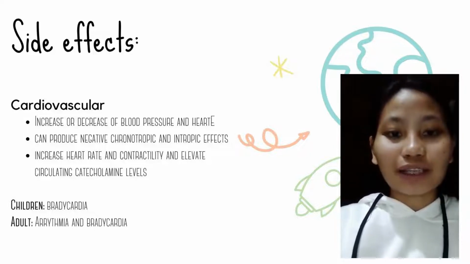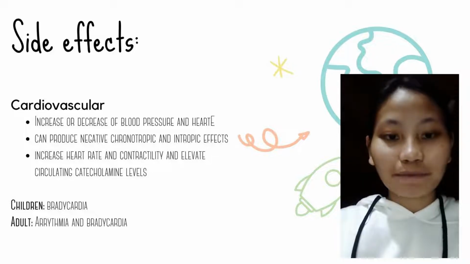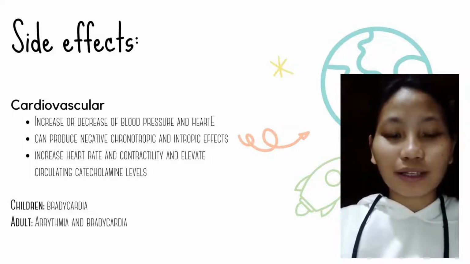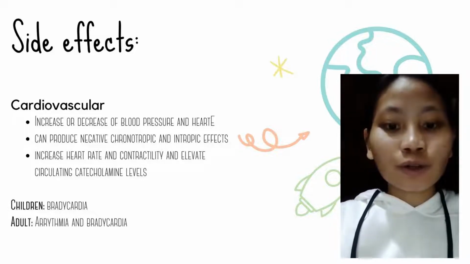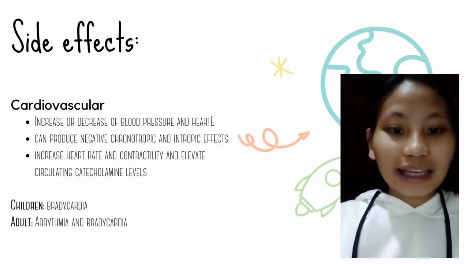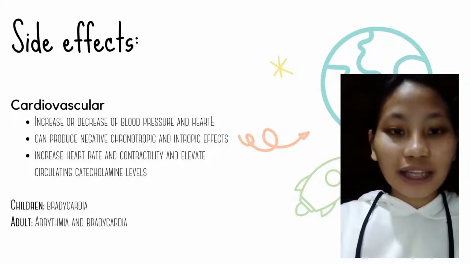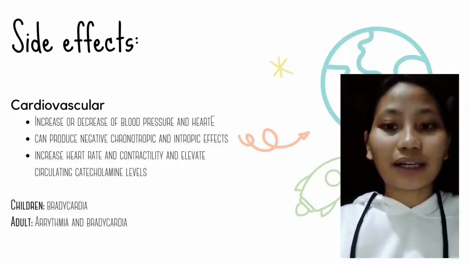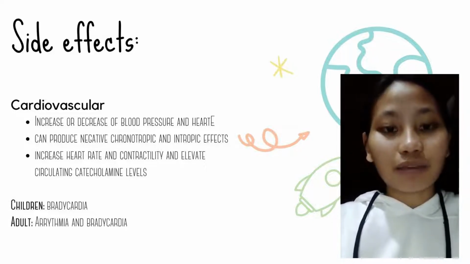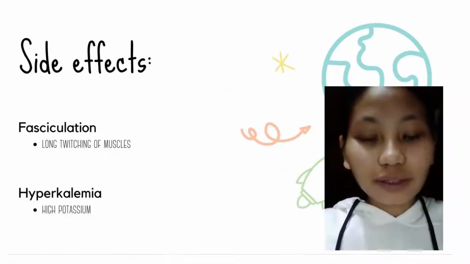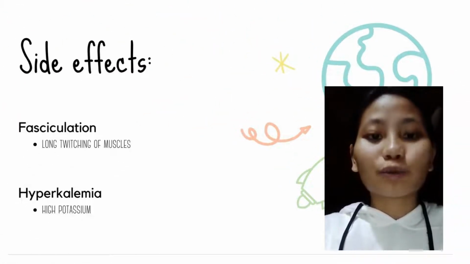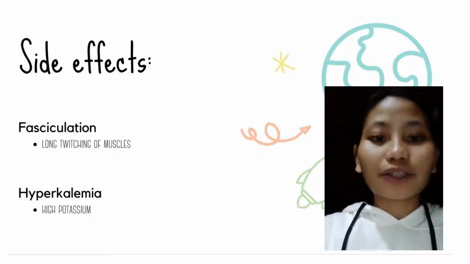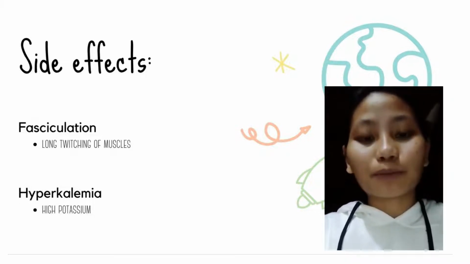First, in cardiovascular, there is an increase or decrease of blood pressure and heart rate, and it can also produce negative chronotropic and inotropic effects, and it also increases heart rate and contractility and elevates circulating catecholamine levels. For children it is bradycardia, and for adults it is arrhythmia and bradycardia. Fasciculation is the twitching of muscles. Hyperkalemia is high potassium.